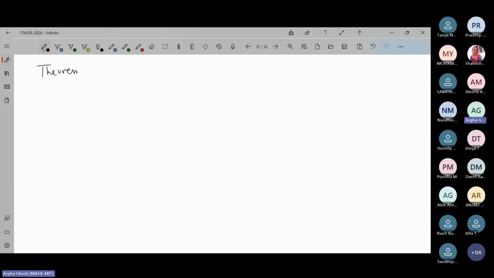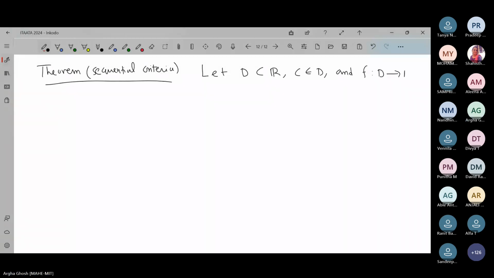Okay, so it's called the sequential criterion of continuity. Let D be a subset of R, c belongs to D, and f from D to R be a function.